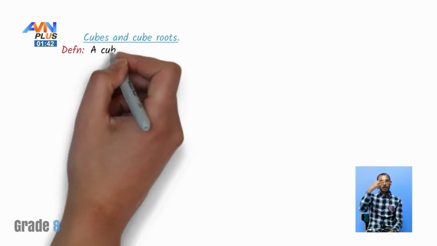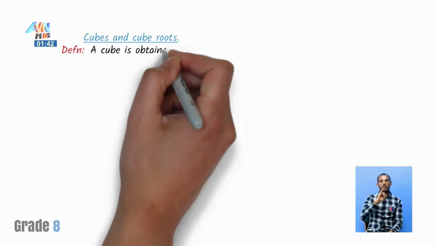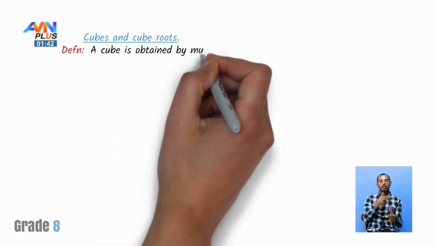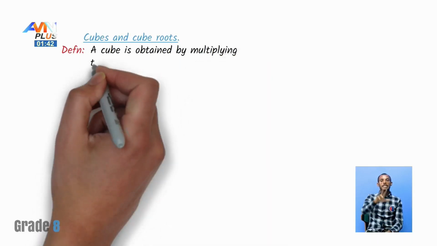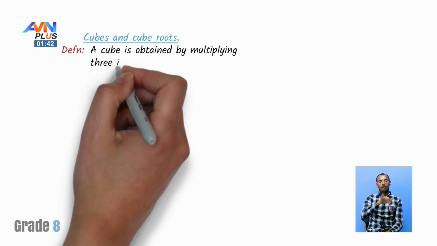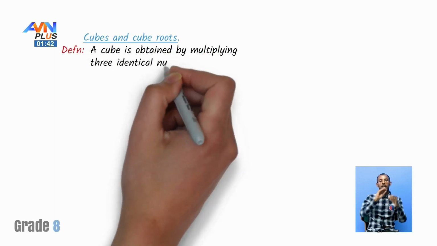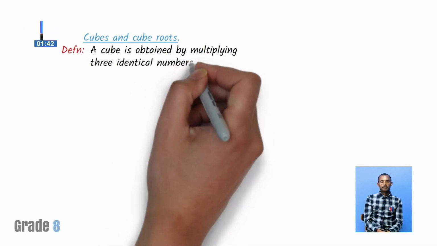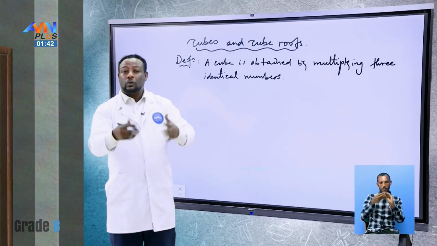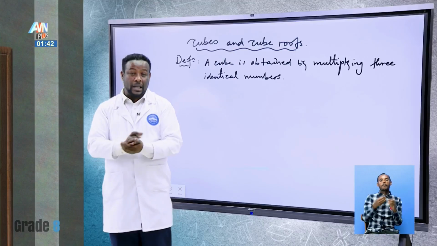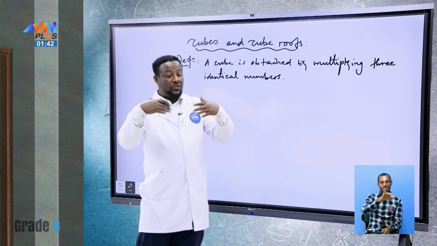A cube is obtained by multiplying 3 identical numbers. Okay, there is a difference between a square and a cube. A square is a product of two identical factors or two identical numbers, and a cube is obtained by multiplying three identical factors or three identical numbers.